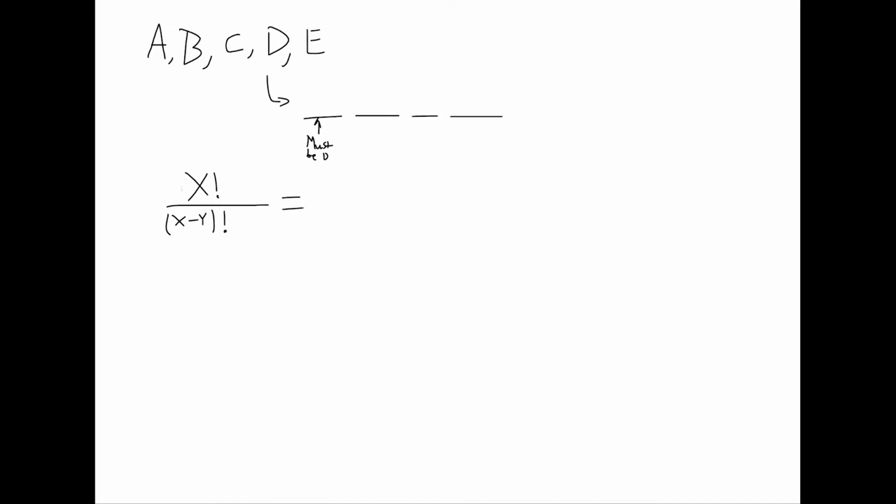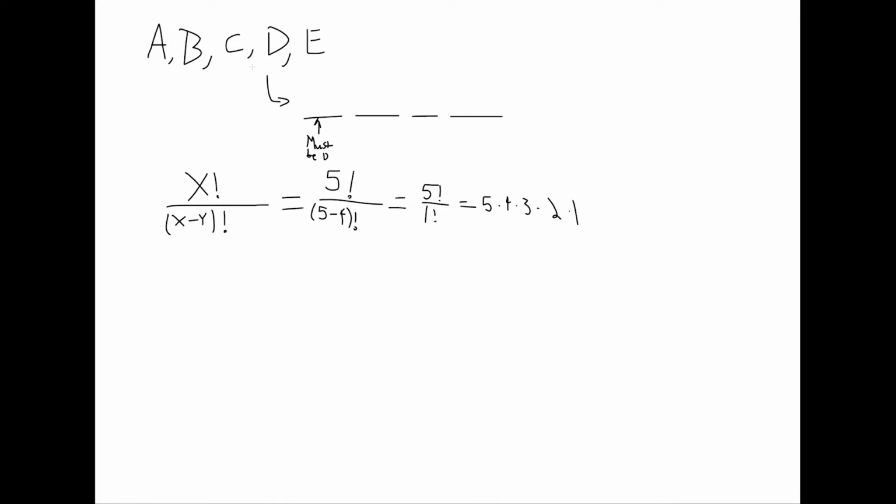So in this case, it's going to be 5 factorial, because we have 5 elements in this initial group. And then we take 5 minus 4 factorial, and that's just equal to 5 factorial divided by 1 factorial. That's the same thing as 5 times 4 times 3 times 2 times 1.